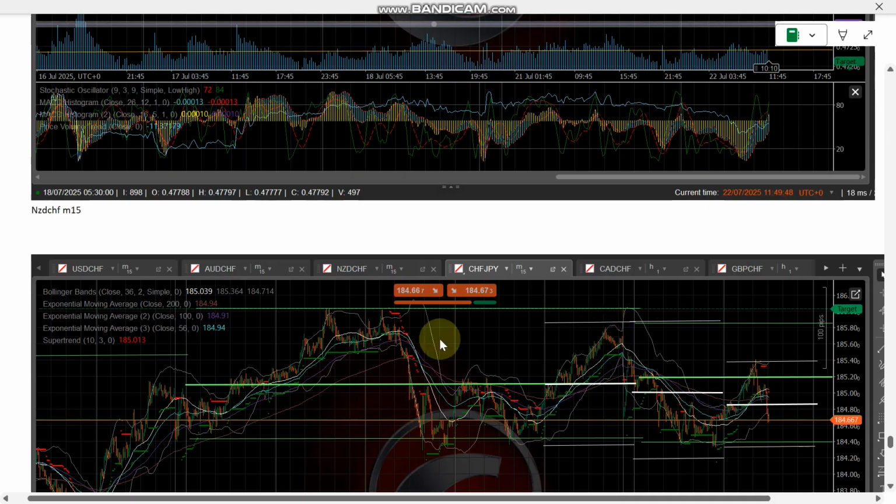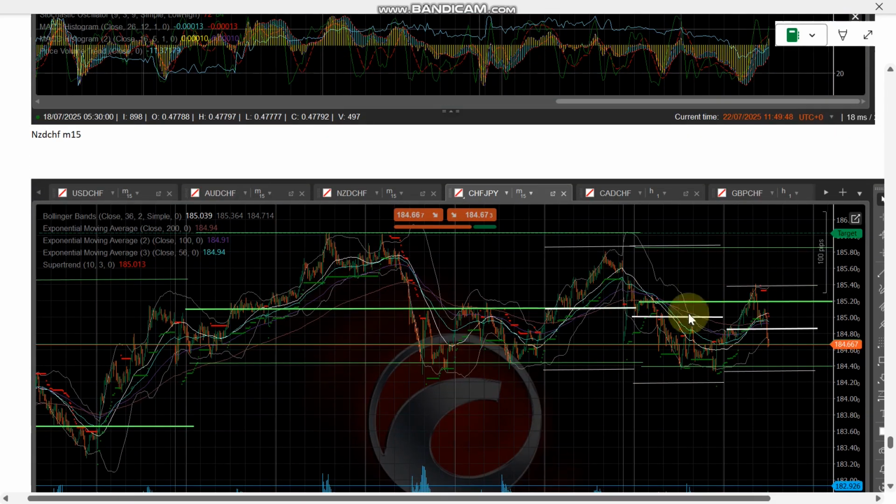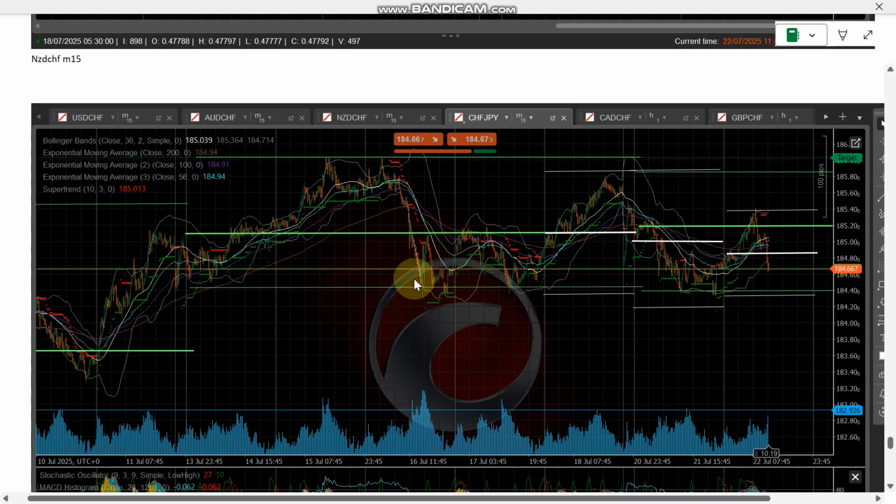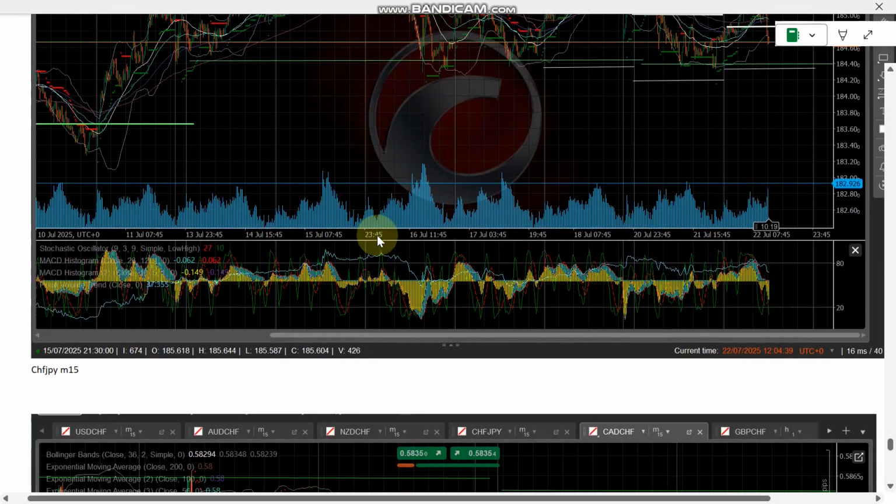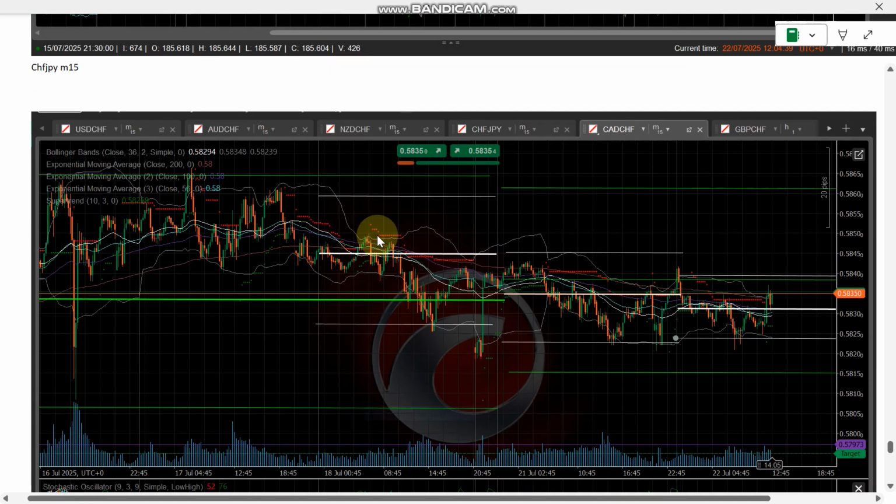This is another thing. Swiss franc JPY operates in the block of the 4 hours. 1 hour is beneath. That's Swiss franc JPY. One is beneath this, waiting for this, maybe touch and bounce. CAD Swiss franc 15 minutes.